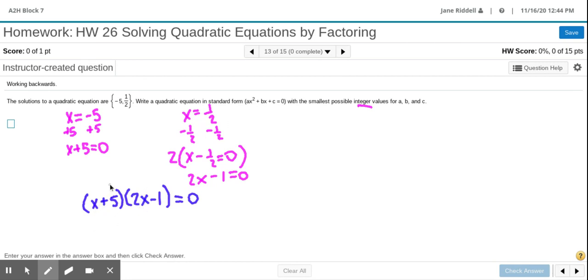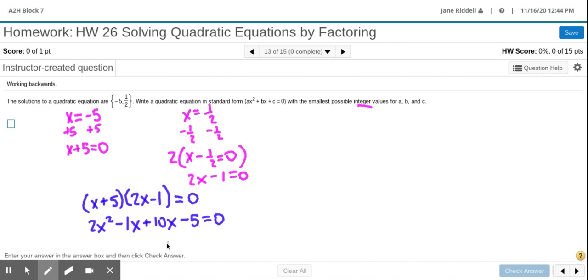So FOIL, Punnett square, double distribution, whatever you call it, you're going to multiply. x times 2x would give me 2x squared. x times -1 would give me -1x. Positive 5 times positive 2x would give me a positive 10x. And then 5 times -1 would give me a -5, and don't lose the equals 0.